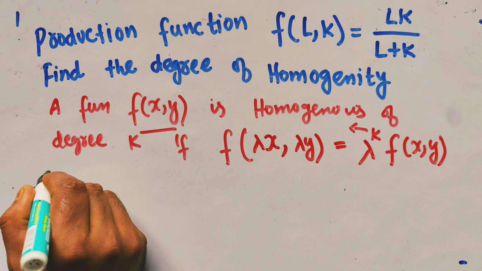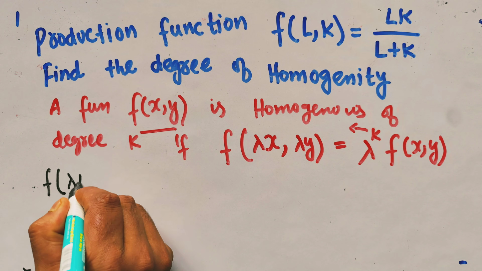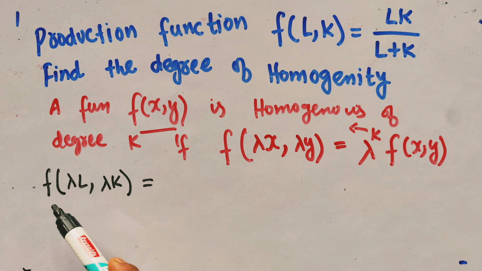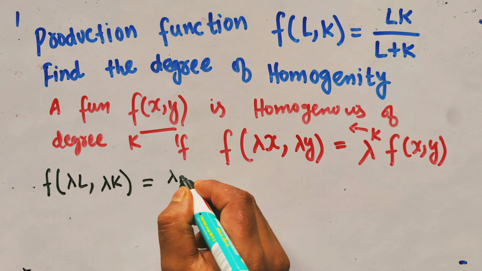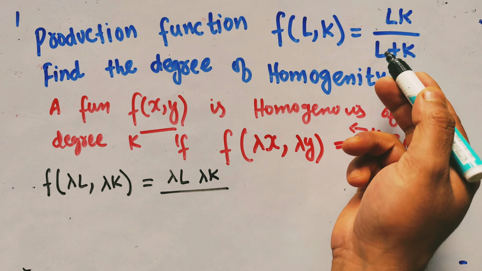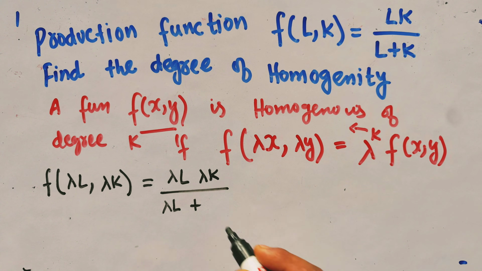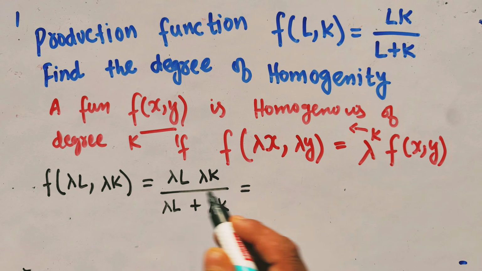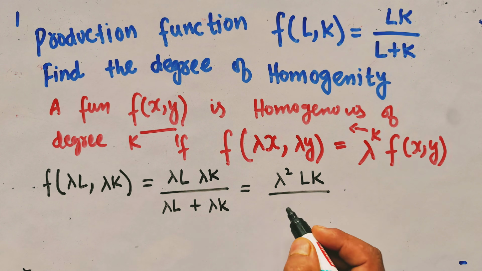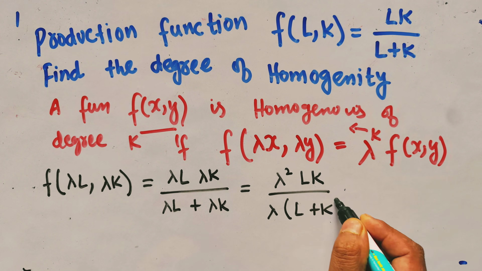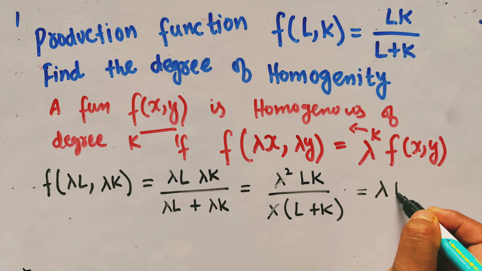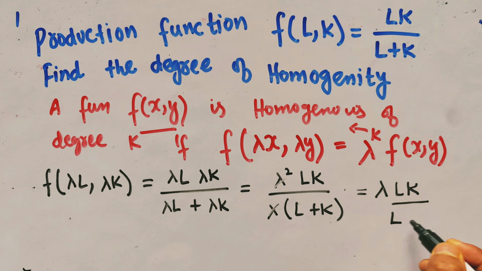That means I write f(lambda L, lambda K): if I multiply each factor by lambda, in place of L we have lambda L, and in place of K we have lambda K, divided by, similarly in the denominator, lambda L plus lambda K. Can we rewrite it as lambda times lambda, which is lambda square, times LK, divided by, taking lambda common, L plus K. One lambda gets cancelled, and we are left with lambda times LK divided by L plus K.